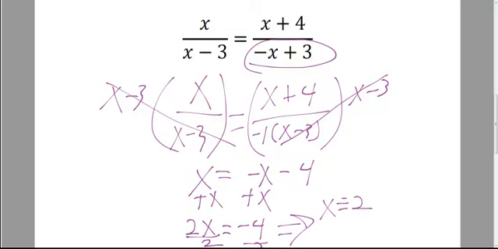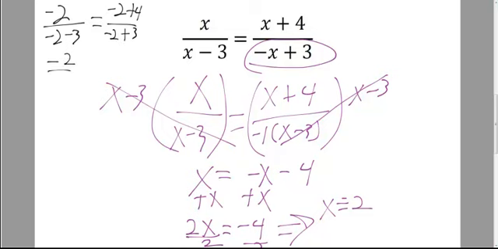Now I'm going to go back and check it, make sure we have it right. So I'll check in the top right: we have negative 2 divided by negative 2 minus 3 equals negative 2 plus 4 over negative 2 plus 3. And this is going to give me negative 2 over negative 5, and this will be giving me 2 over, oh, I'm sorry, this would be negative negative.